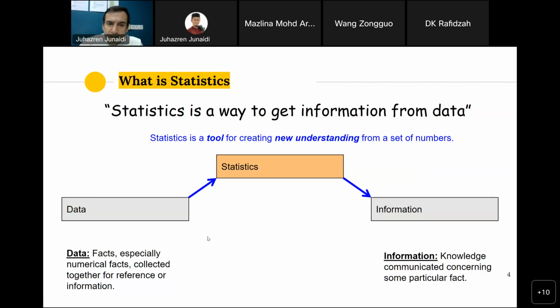So we have the data like facts, especially numerical facts, collected together for reference or information. We use the statistics so that we can turn it into information, which is knowledge communicated concerning some particular facts. We are trying to find the facts about a specific procedure, concept, whatever it is.